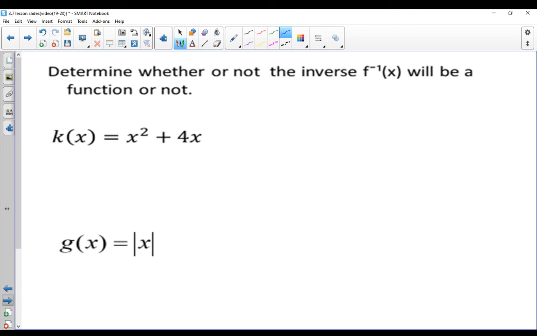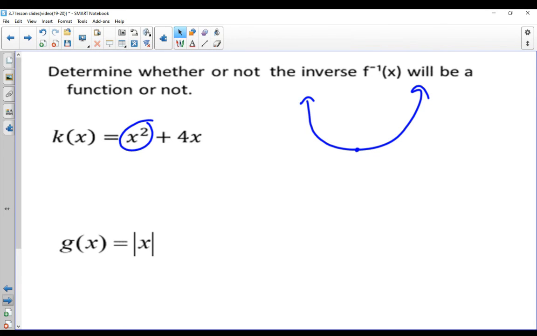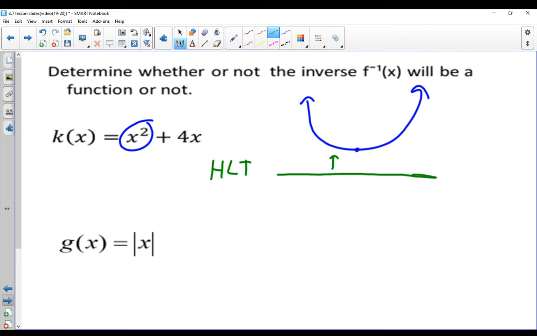Well, I can tell you right now, the fact that you have an x squared is going to tell you that your graph is going to have a parabola, basically the U-shaped curve. Now, if you were to do the HLT or horizontal line test and run that horizontal line through your U-shaped curve, you could see right away that that graph would fail, which means it would have no inverse.